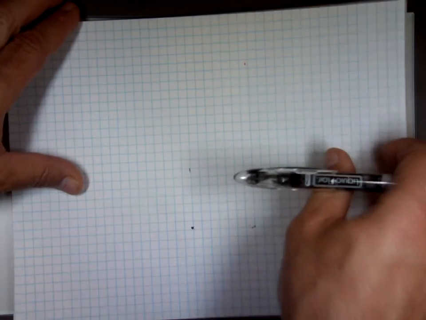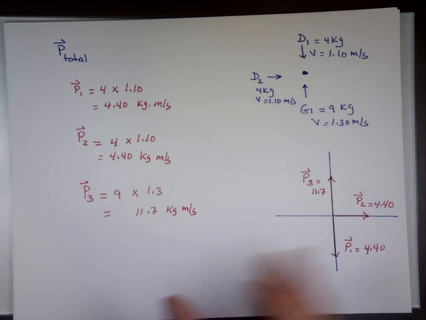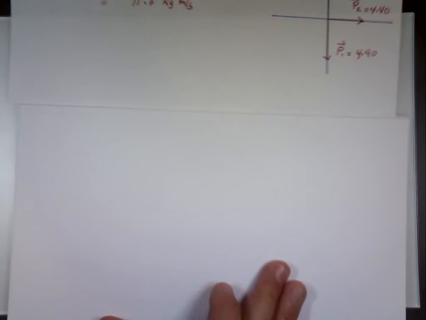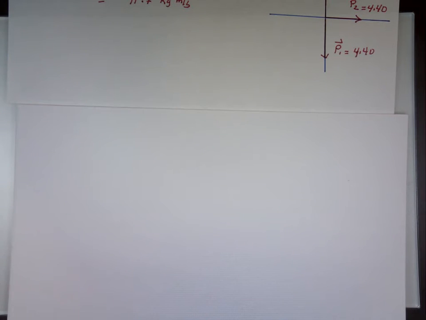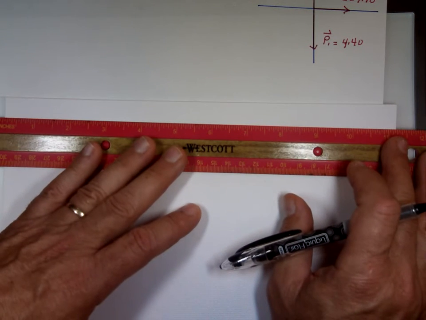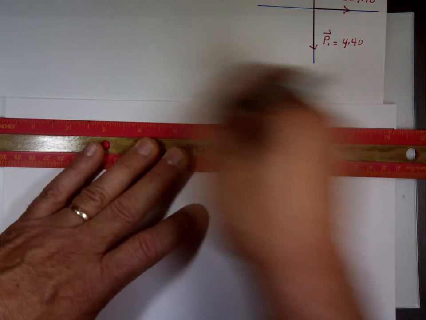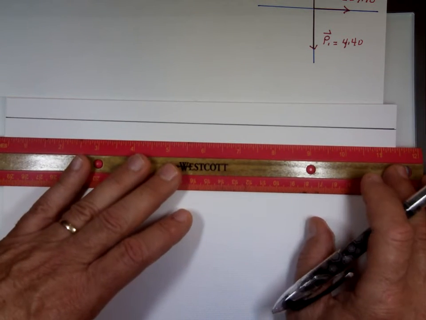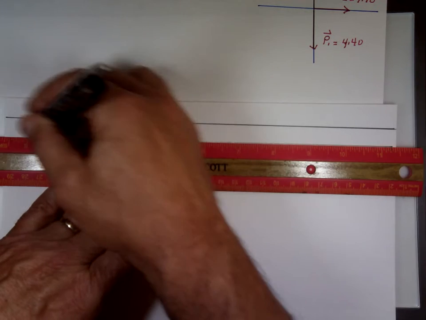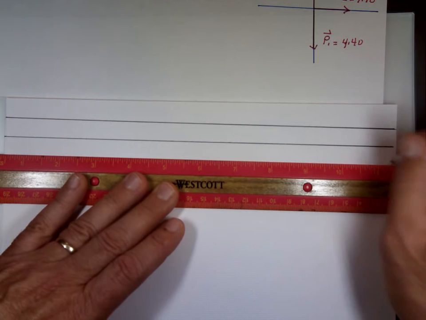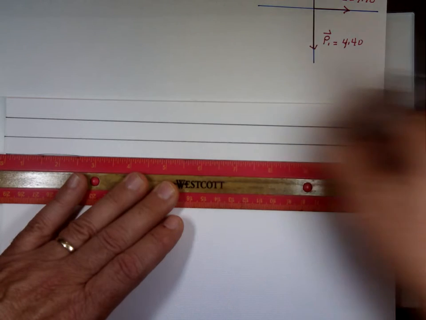When you're adding vectors, we go back to the way we did it in chapter 3 or 4. We make the table, we write the vectors, we find the x and y components, we go through the math. Here's the first vector, I got 3 of them. Second vector. Third vector.